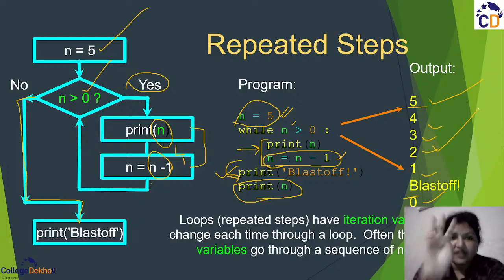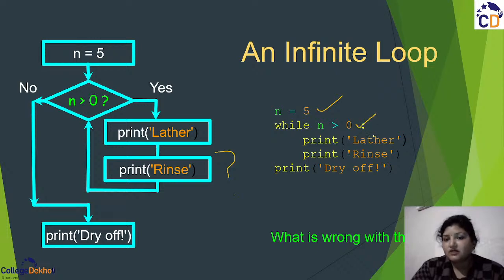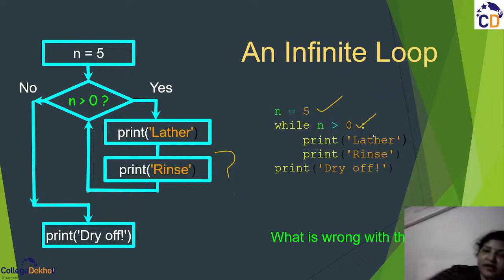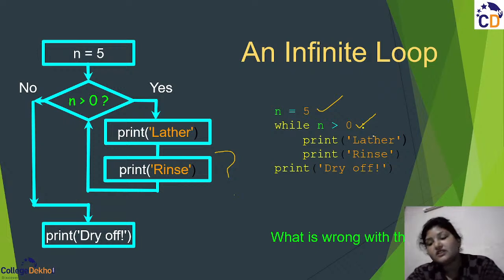So we have 3 parts in any loop, right? Here we have initialization, and we have this part, n is greater than 0. Where is the increment or decrement? Because we don't have the increment or decrement part, this comes under an indefinite loop.